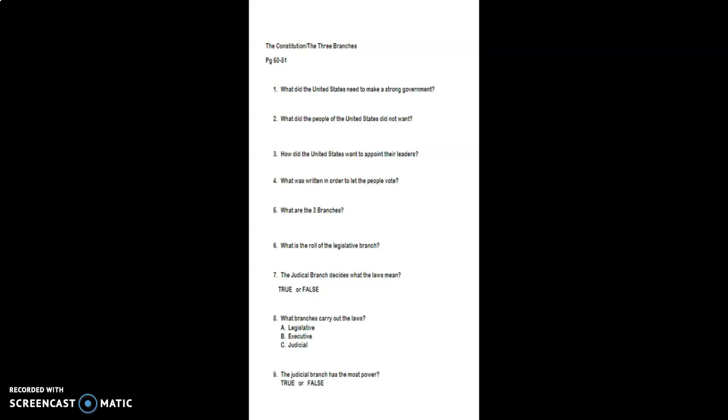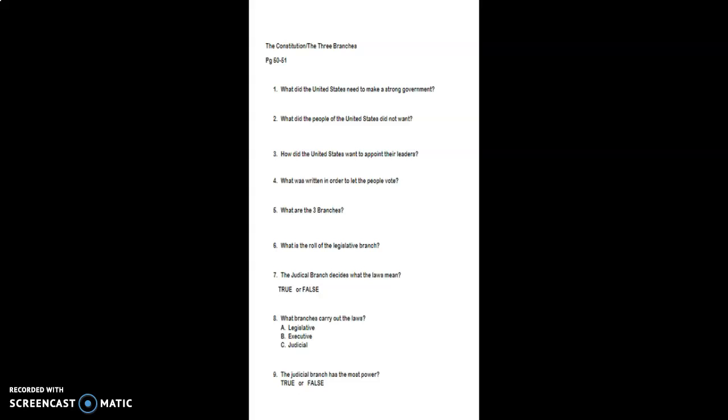Number 3, how did the United States want to appoint their leaders? Number 4, what was written in order to let the people vote? Number 5, what are the 3 branches? Number 6, what is the role of the legislative branch?